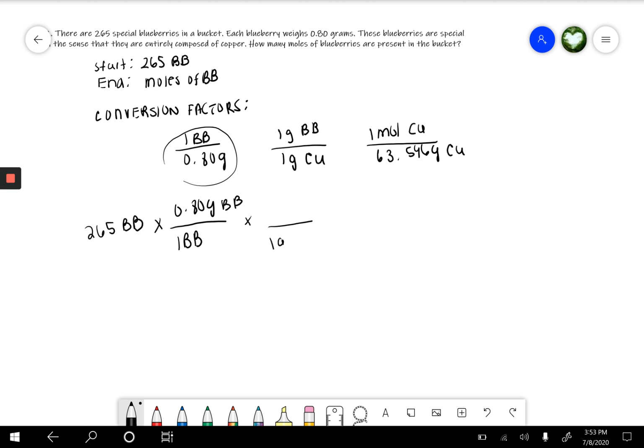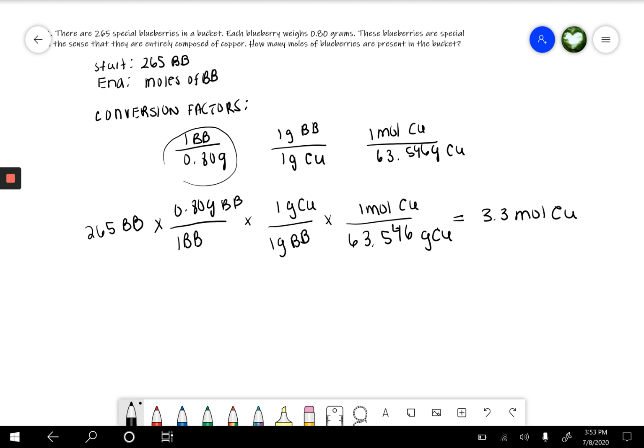We know that 1 gram of blueberries is equal to 1 gram of copper, and we know that 63.546 grams of copper is equal to 1 mole of copper. By solving this, we get 3.3 moles of copper.